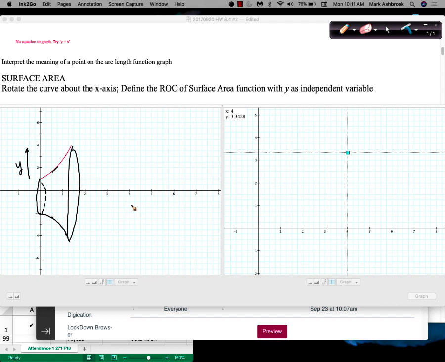Let's do another color here. Orange. No, too much like red. How about green? So we're going to start with ds. And so this is like part of a cone, right?